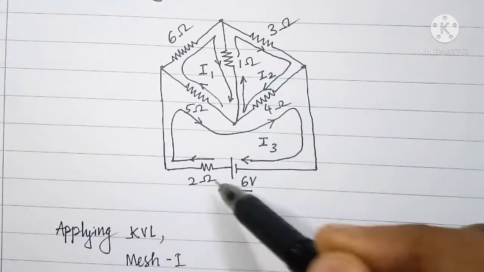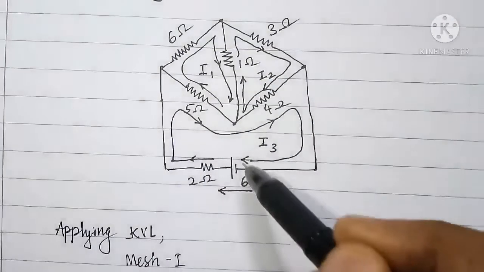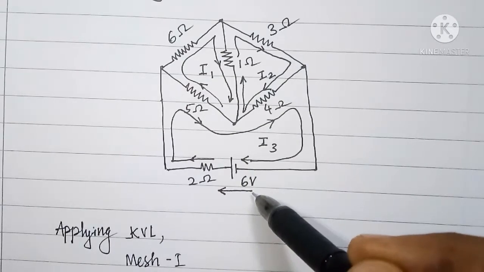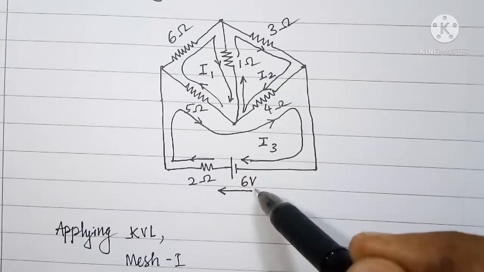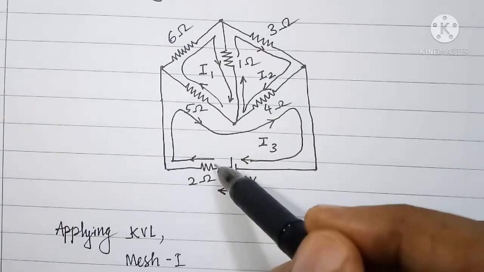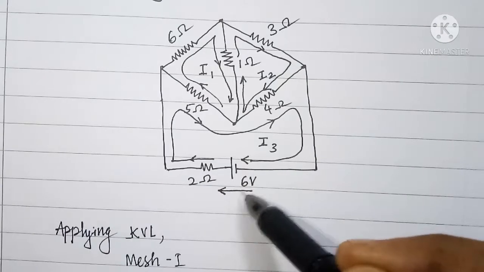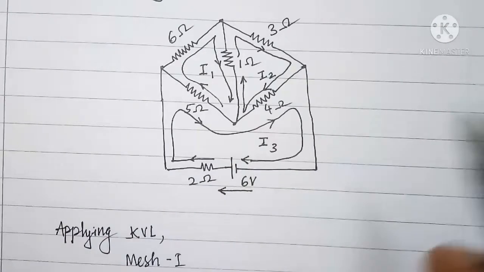Voltage rise in mesh 3. There is only one voltage source. The voltage rise direction of that source and the current direction in mesh 3 are the same. So voltage rise will be positive.